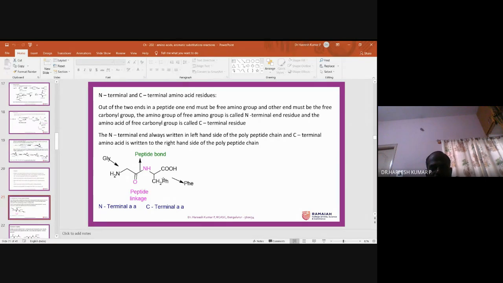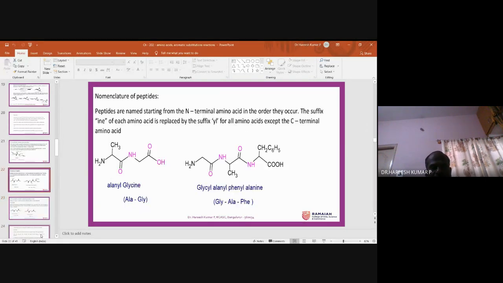So maybe I will go to the next slide. Nomenclature. Peptides are named starting from the N-terminal end. That means if you want to name any peptide, you should come from the left-hand side.